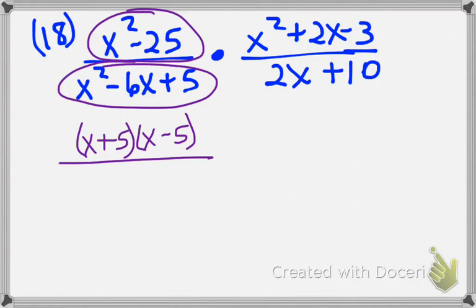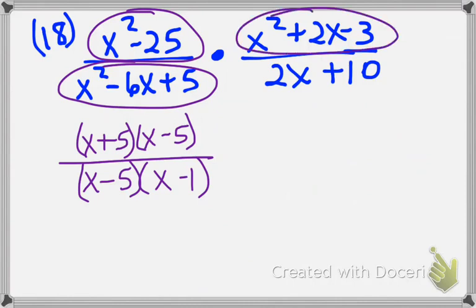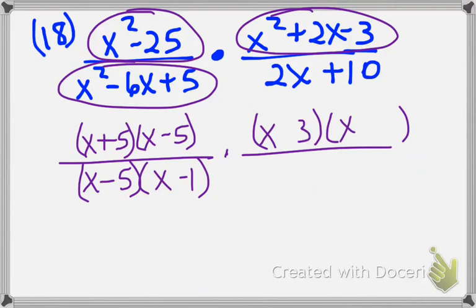So I have to use negative 5 and negative 1, so I'm going to use x minus 5 and x minus 1. For x squared plus 2x minus 3, I need what multiplies to give me negative 3 and adds to give me 2. So 3 has to be 3 times 1, so I'll do x plus 3 and x minus 1.